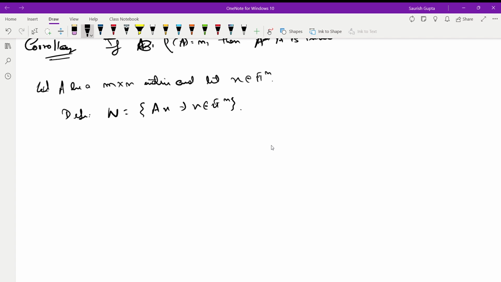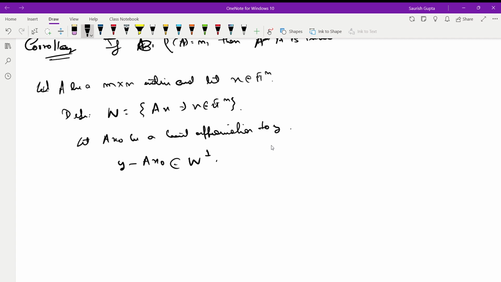Now recall the fact that suppose we get hold of such a best approximation. Let Ax naught be a best approximation to Y. We know that if that happens, then Y minus Ax naught must be orthogonal to every element in W, right?